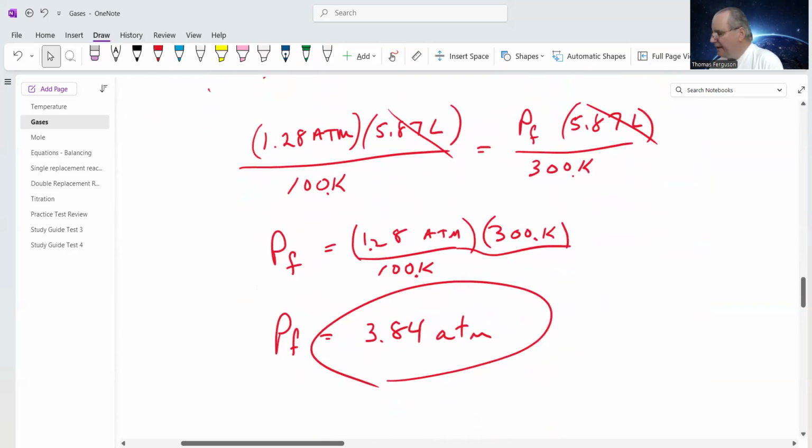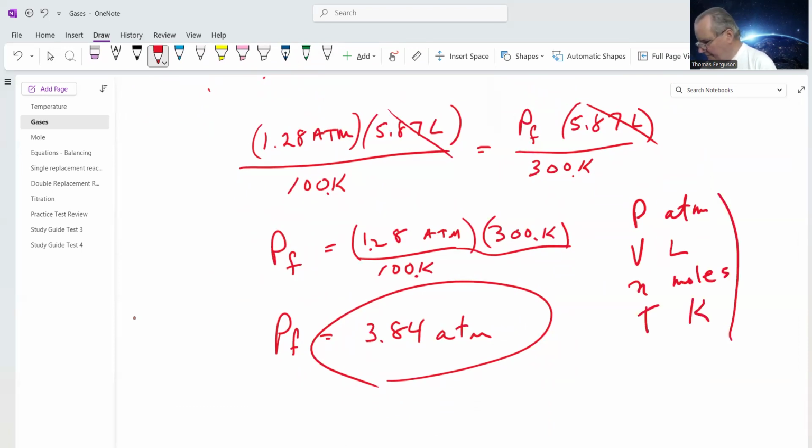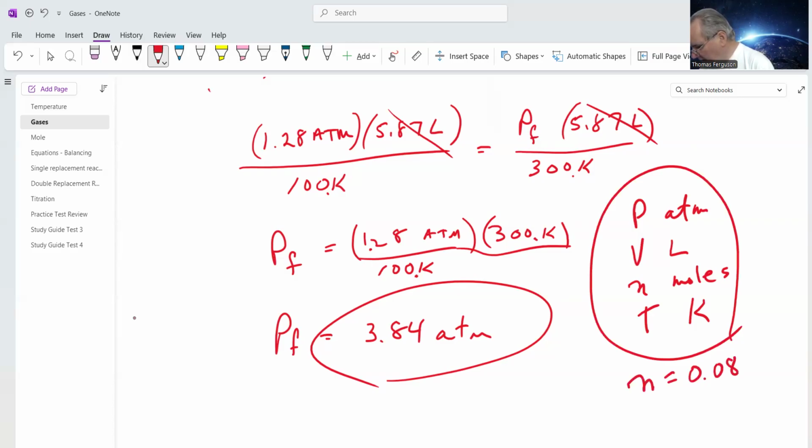Now, in our class, pressure is in atmospheres, volume is in liters, n is moles, and temperature is Kelvin. R is equal to 0.0812.